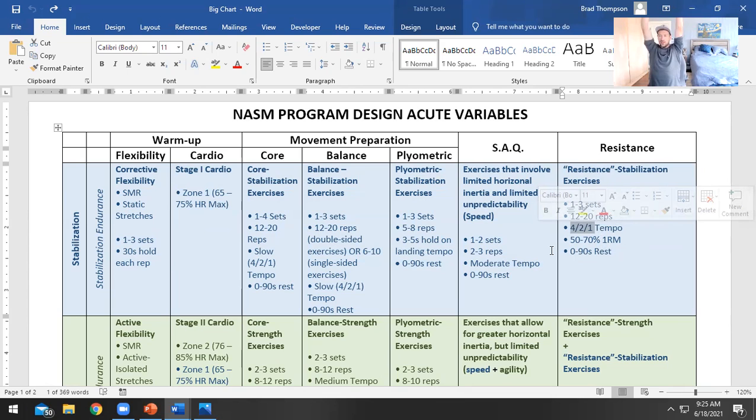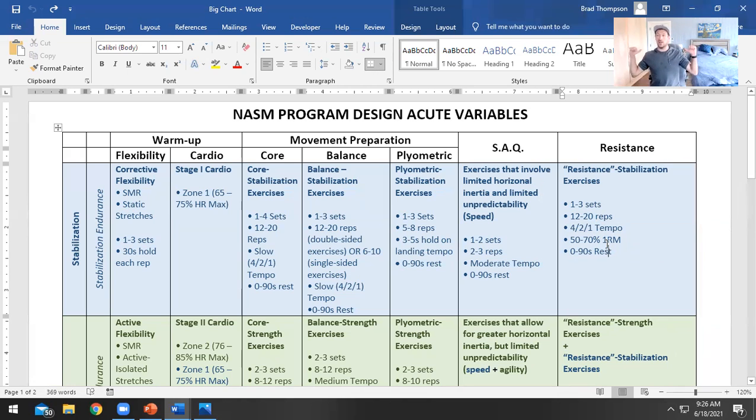I'm shortening my muscle, I'm holding my muscle, I'm lengthening my muscle. So we have tempos for each of those parts of the movement. The first number always represents how long your eccentric lift should be. The second number always represents how long your isometric lift should be. And the third number represents how long your concentric lift should be.